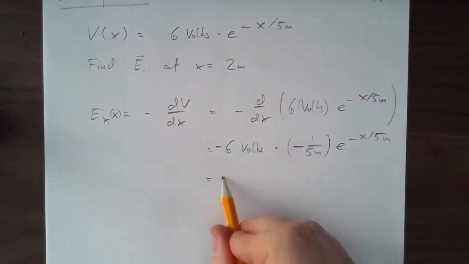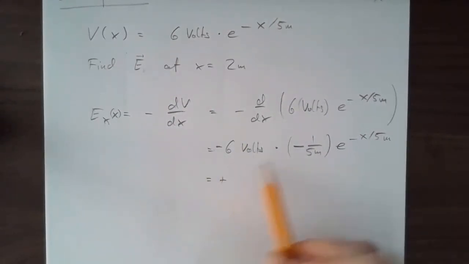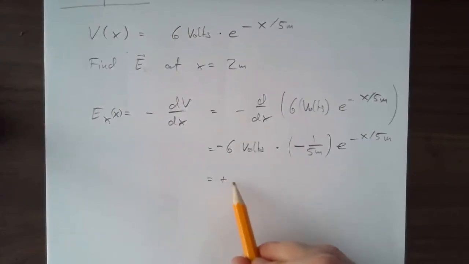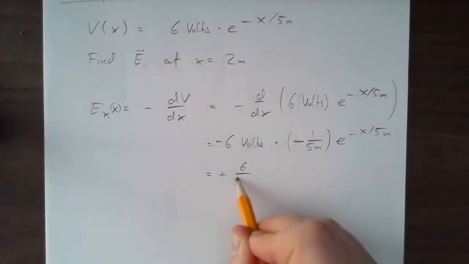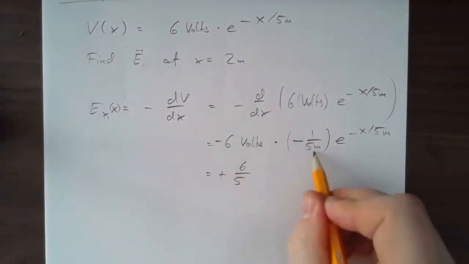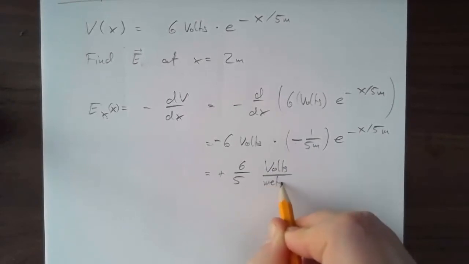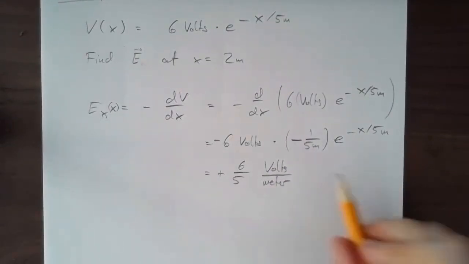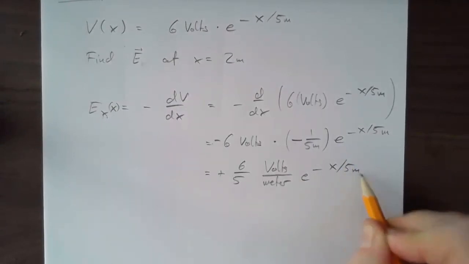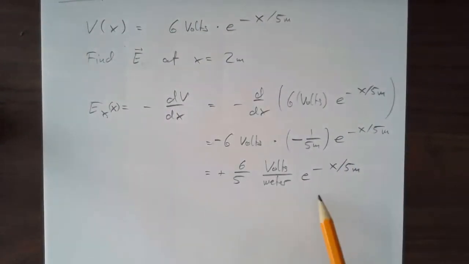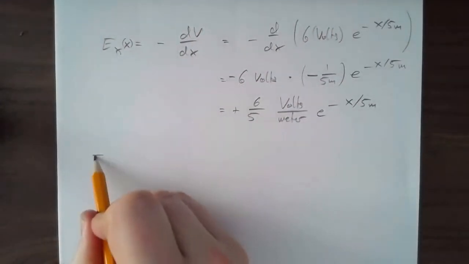Minus becomes plus, so I'm going up the hill, okay, so it points positive, to the right on my axis. 6 over 5, units is volts per meter, times e to the minus x over 5 meters. So I want to find out the electric field at x equals 2, so I'm going to plug that in.